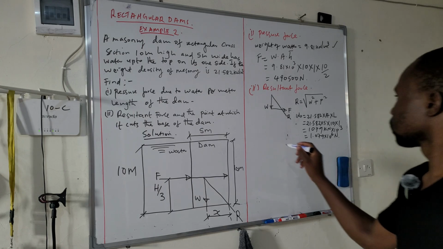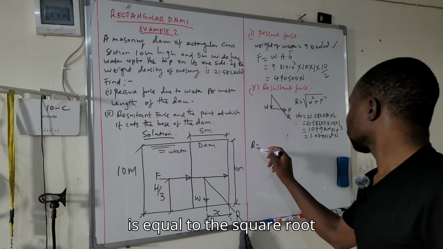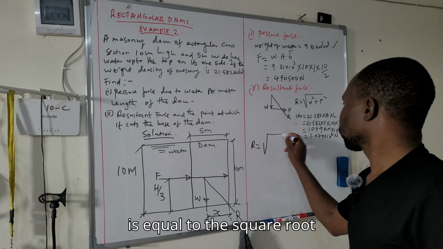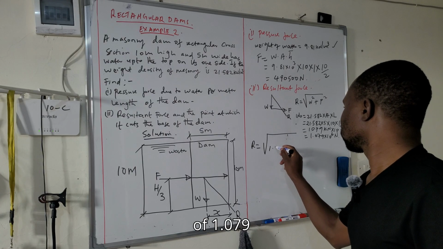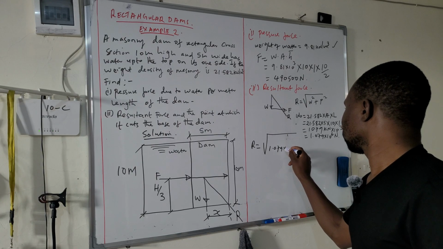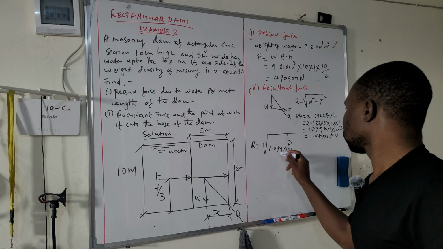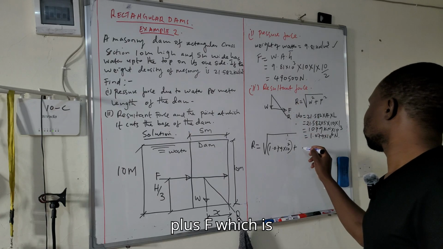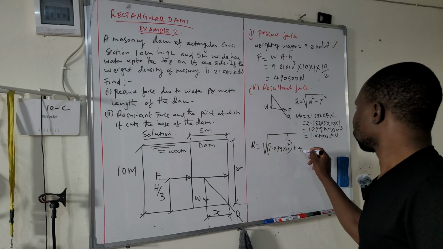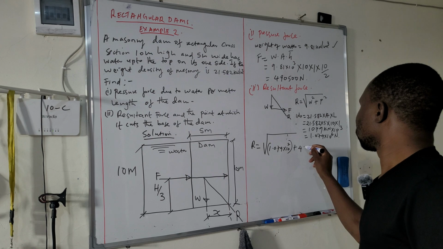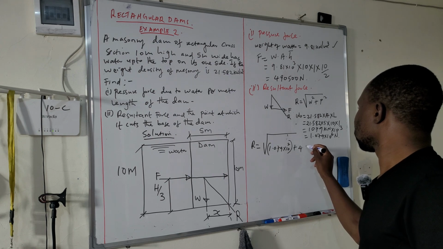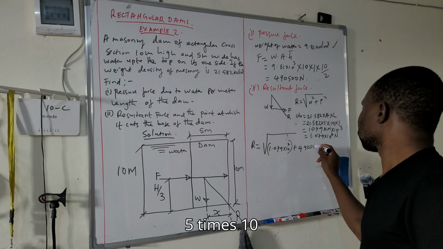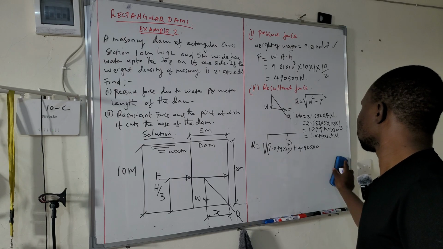So R is equal to the square root of 1.079 times 10 to the power 6 square plus F, which is 4.905 times 10 to the power 5 square.